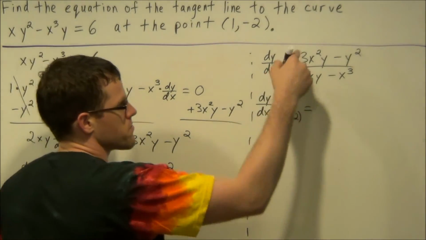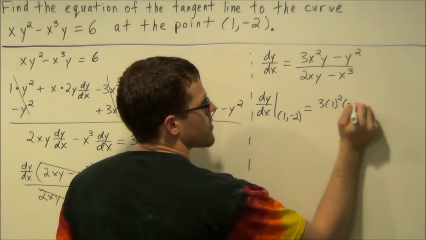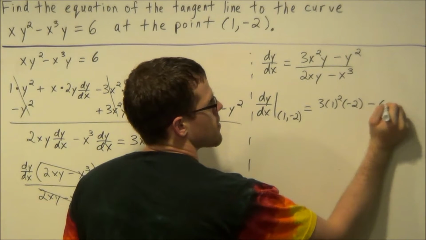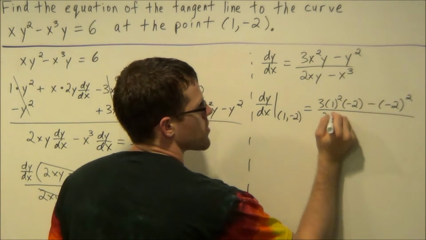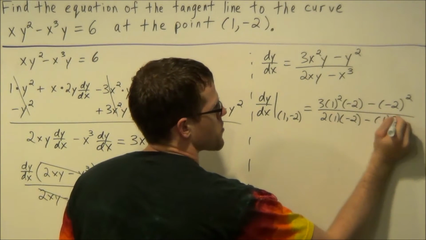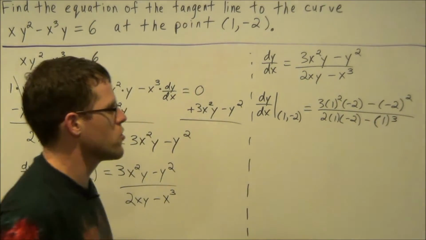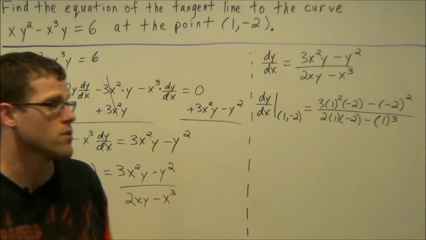Now all we have to do is make the substitution. We'll have 3 times 1 squared times -2 minus (-2) squared over 2 times 1 times -2 minus 1 to the third power. Once again, all we did was replace all the x's with 1 and all the y terms with -2.